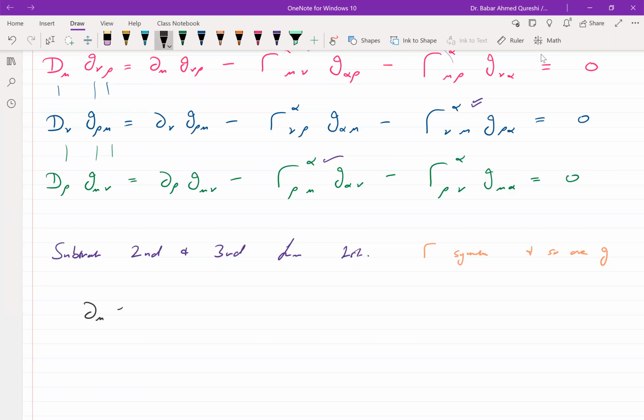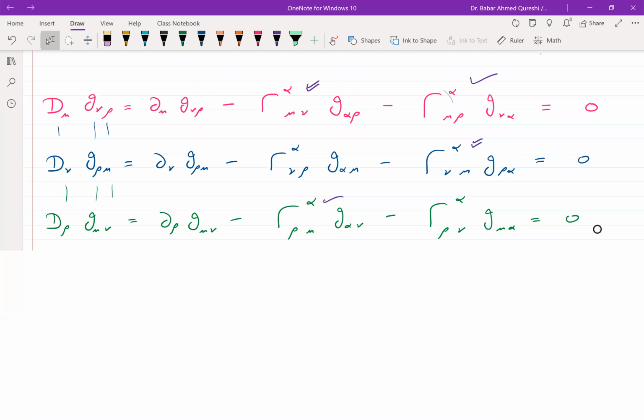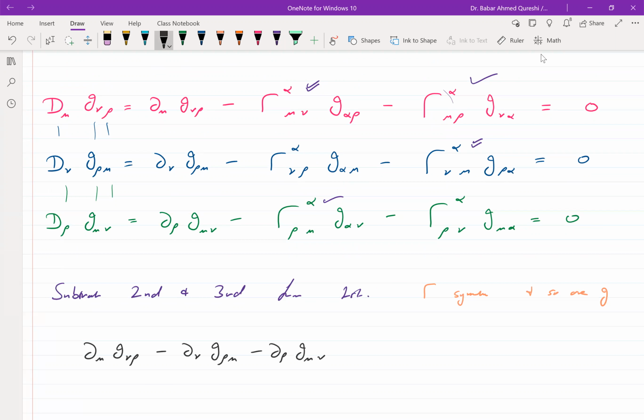d mu g nu rho minus d nu g rho mu minus d rho g mu nu, and I have a plus gamma alpha nu rho, and plus gamma alpha nu rho, because they are the same.